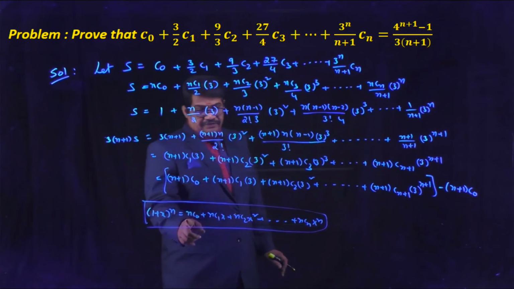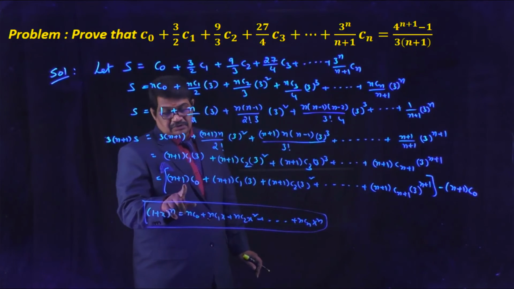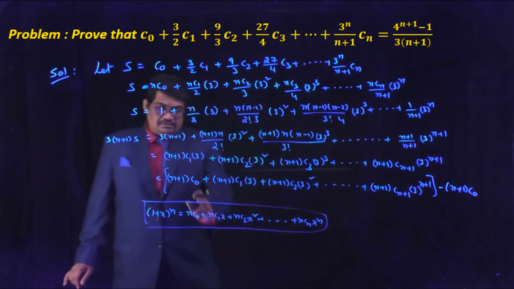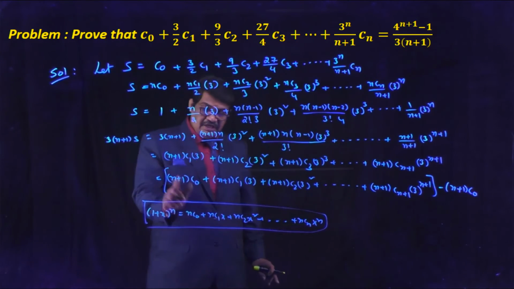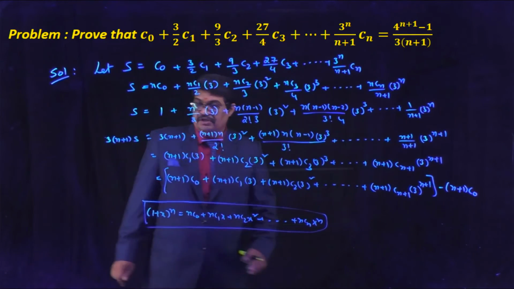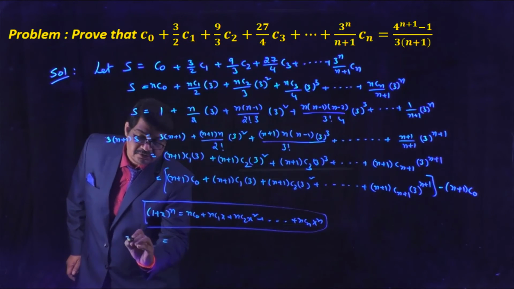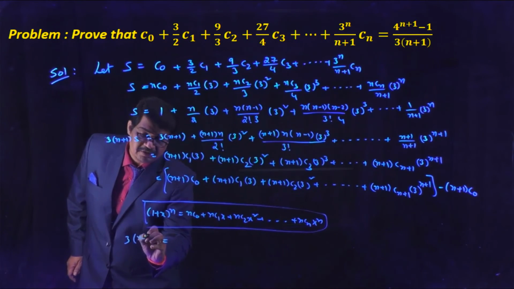So in the place of n here is n plus 1, and in the place of x we are getting here 3. Okay, so in the place of n is n plus 1, in the place of x is 3.